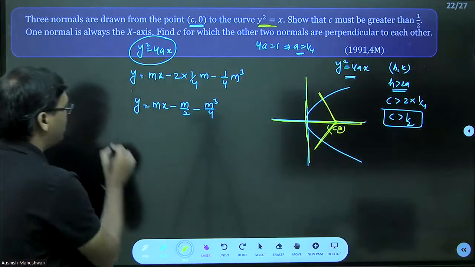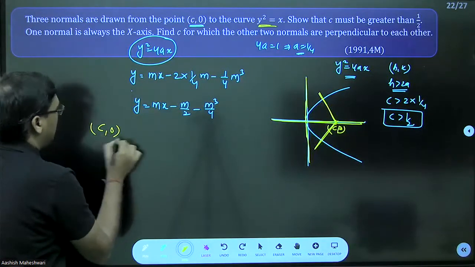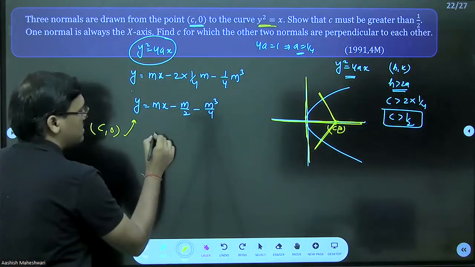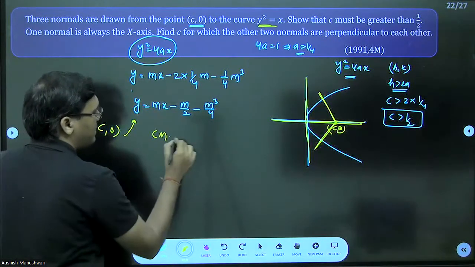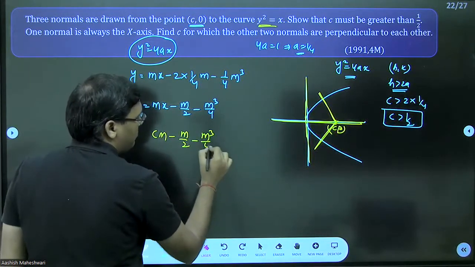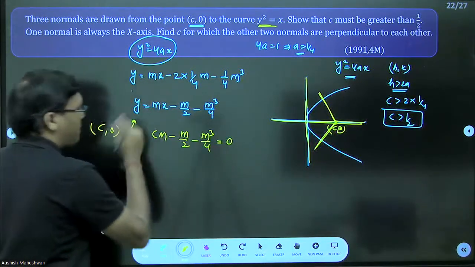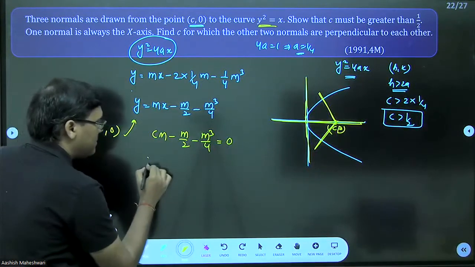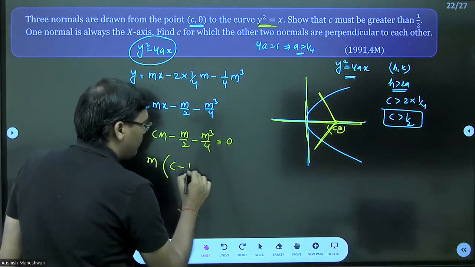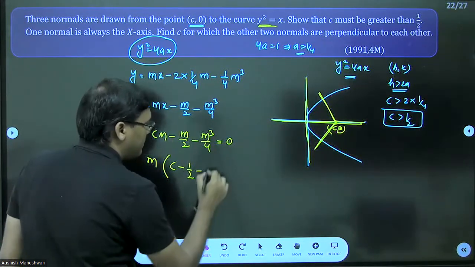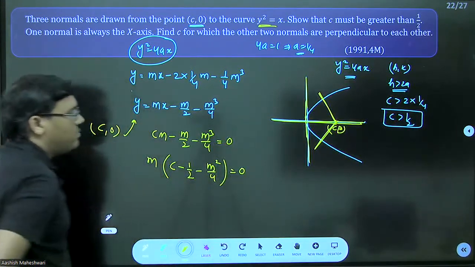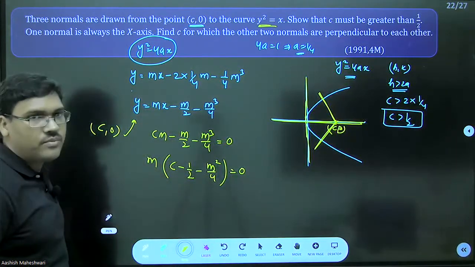If the normal is passing through c comma 0, it will satisfy this equation. So put c comma 0: cm minus m by 2 minus m cube by 4 is equal to 0, right? Now you see, this is m into c minus 1 by 2 minus m square by 4 is equal to 0, correct? Just taking m common.